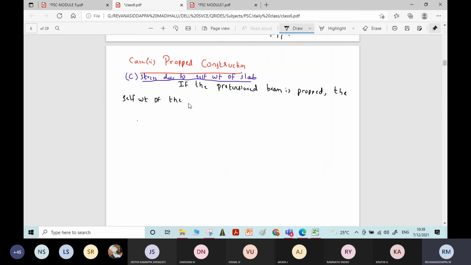If the pre-tension beam is propped, the self weight of the slab acts on the composite section, not on the beam. Acts on the composite section, that is I section.